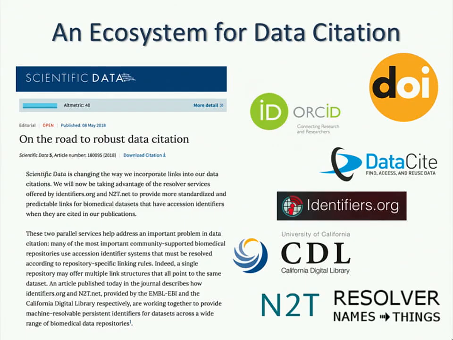Just like you can go to dx.doi.org, where you put in your DOI and it sends you to the paper, if you go to identifiers.org or N2T, which is the California Digital Library's resolver, you put in a database accession number that is part of the system, and they'll take you right to that database data set.